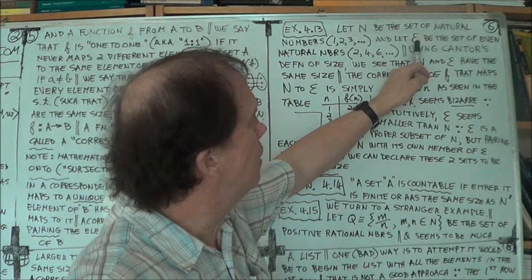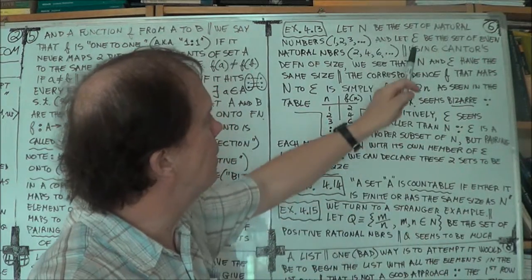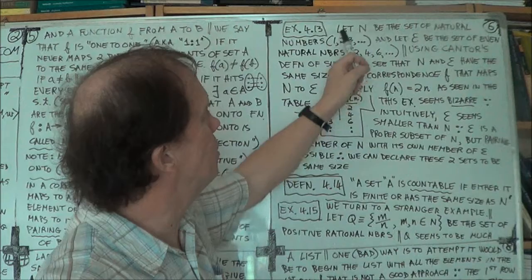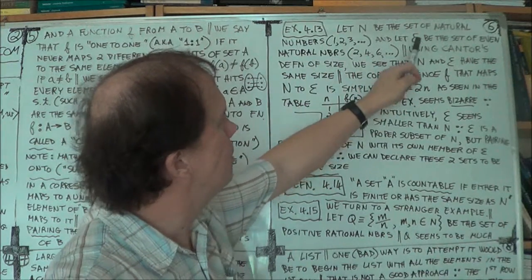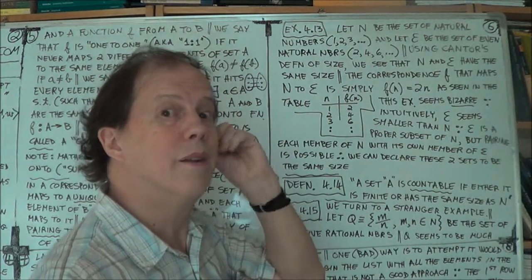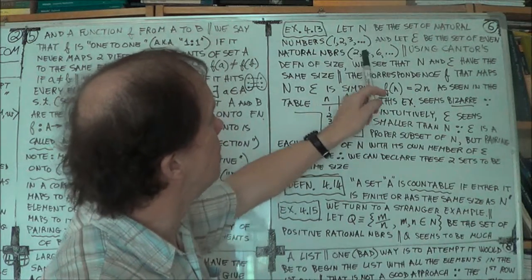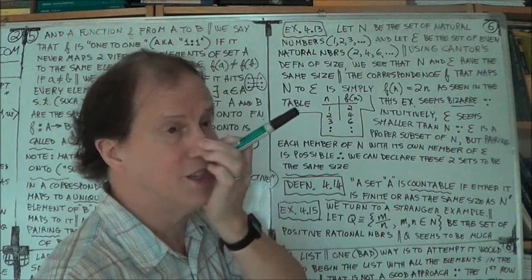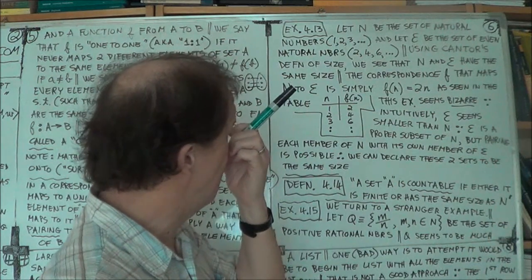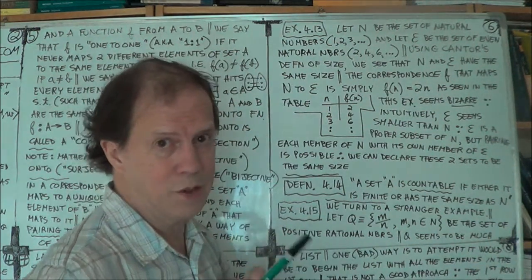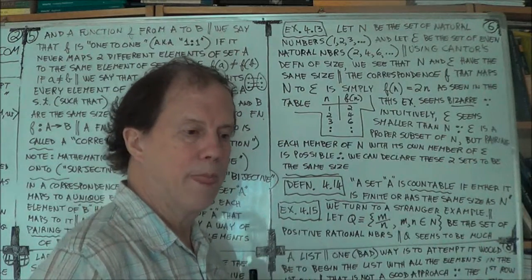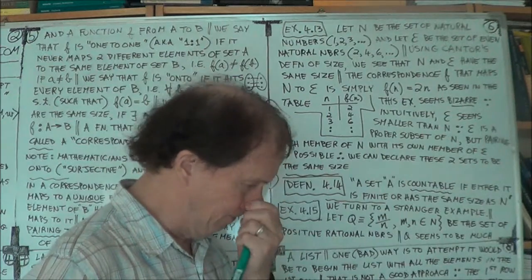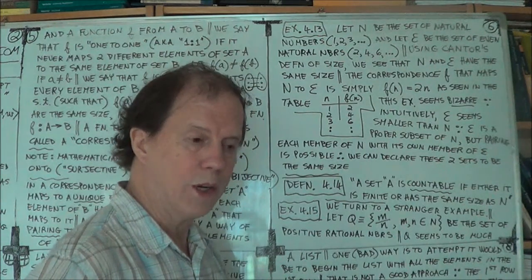And capital epsilon here, let that infinite set be the set of even natural numbers. So not 1, 2, 3, that's N. So epsilon, we could call it 2N. So it's 2, 4, 6, the even positive integers. Now, according to Cantor's definition of size, those two sets, even though they're both infinite, have the same size. Why?